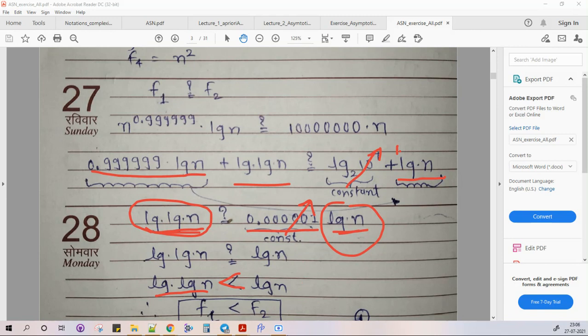Mayur, how did you move that 0.999 log n into the right hand side? There is no equality sign in between, right? It is something like this: 2x plus log x is, let's say, less than or equal to 5x plus x square. That is true only when there is an equality sign, right?